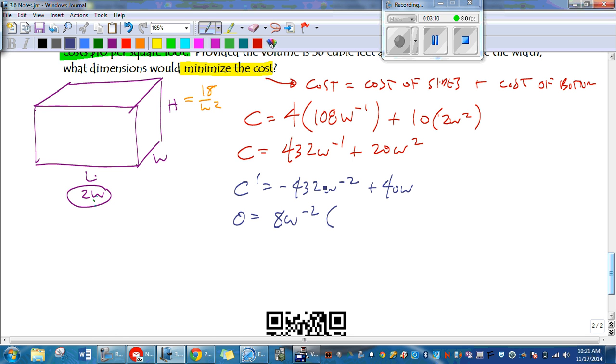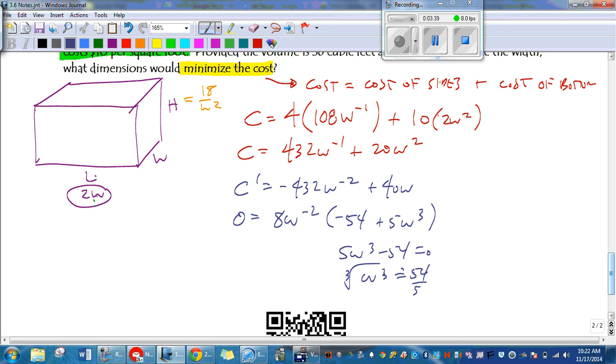And if we take an 8 out of here, we get negative 54 plus 5w cubed. So again, this is just going to give us a w equals 0. That makes the derivative undefined, but we can't have a width that's 0. So we're going to figure out what makes this 0. So w cubed equals 54 over 5.